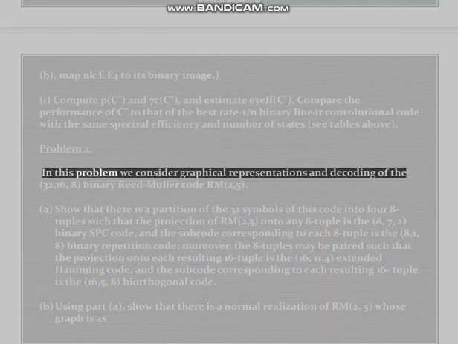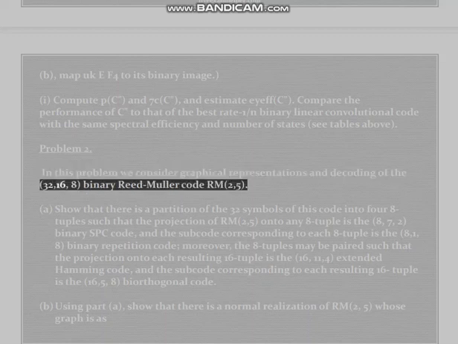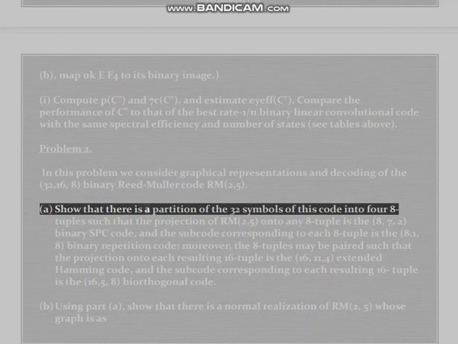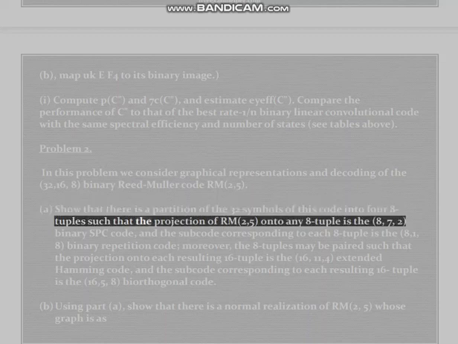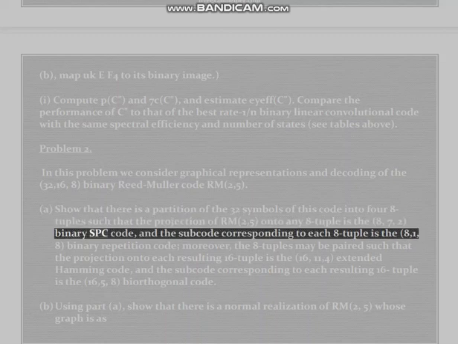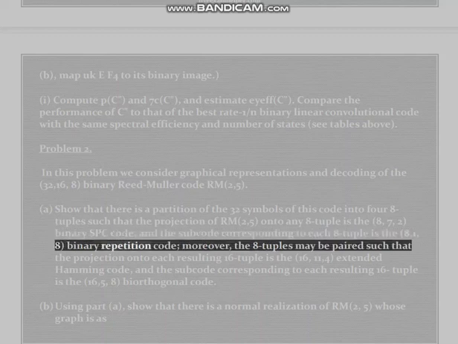Problem 2. In this problem we consider graphical representations and decoding of the (32,16,8) binary Reed-Muller code RM(2,5). A. Show that there is a partition of the 32 symbols of this code into 4 8-tuples such that the projection of RM(2,5) onto any 8-tuple is the (8,7,2) binary SPC code, and the subcode corresponding to each 8-tuple is the (8,1,8) binary repetition code.